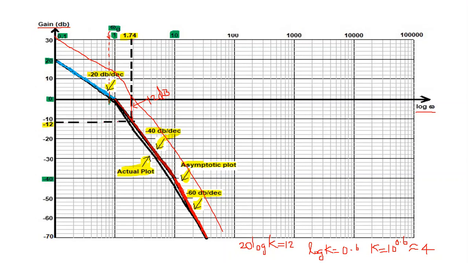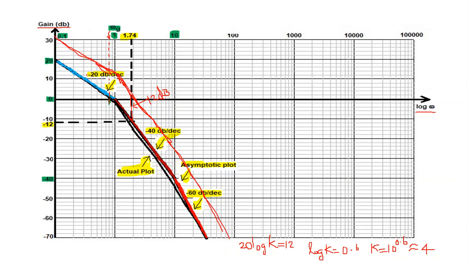At 1.74, what is the magnitude? It is minus 12. So if this has to be the gain crossover frequency, then this entire plot should have been shifted by plus 12 dB. That 12 dB shift is possible only with a gain factor.